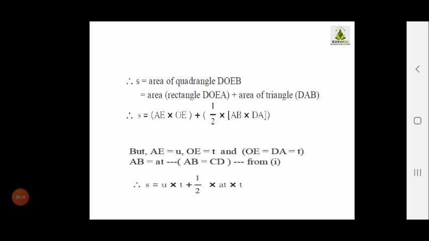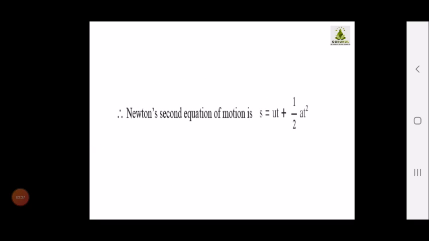Instead of AE, I am going to write U, instead of OE, I am going to write T, plus 1/2, instead of AB, I am going to write AT, and instead of DA, I am going to write only T. So now what formula have I got? S is equal to UT plus 1/2 AT square. Okay, this is the formula which I have derived.